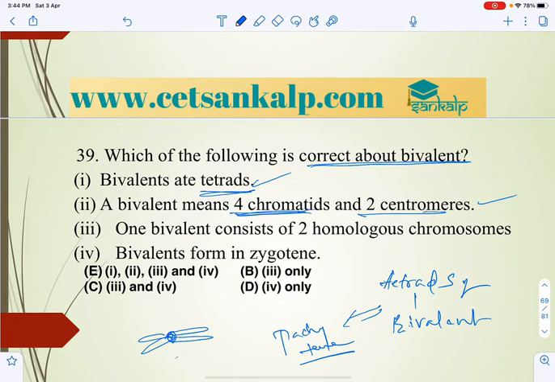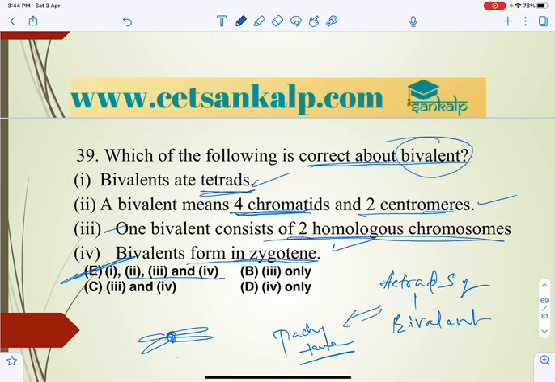One bivalent consists of 2 homologous chromosomes, that is also correct. And bivalents form in the zygotene stage, that is also correct. So 1, 2, 3, 4 are all correct answers related to bivalent.